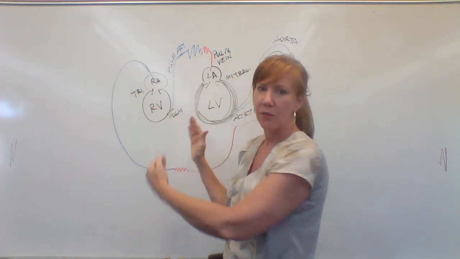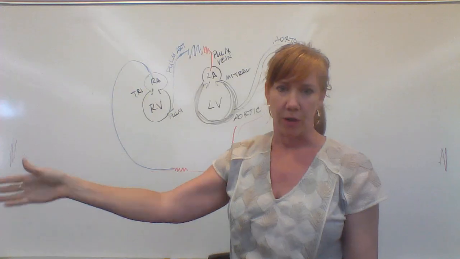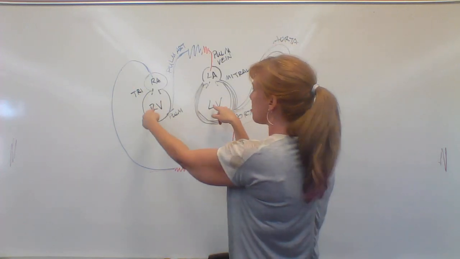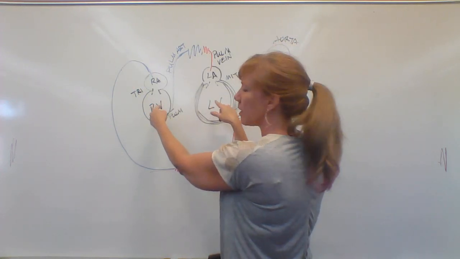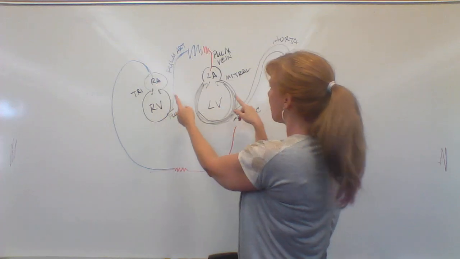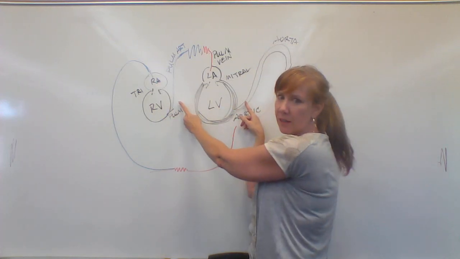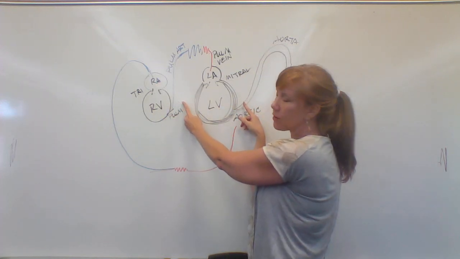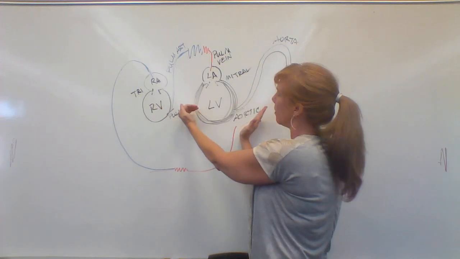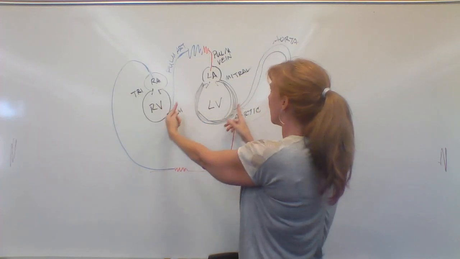The semilunar valves are kind of just like swinging doors, right? So as soon as the pressure on this side is greater than the pressure on the blood vessel on the other side of the door, they'll just open. And the blood will rush out.